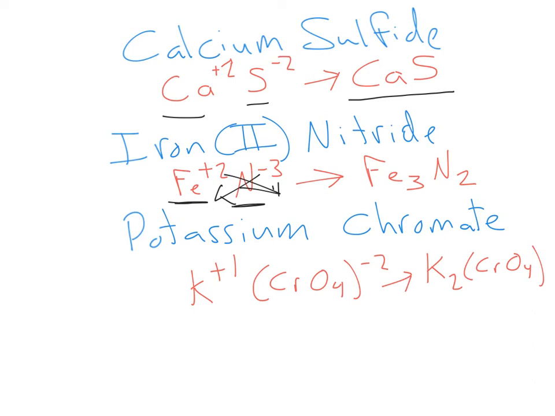For potassium chromate, I had to use my polyatomic ion chart. Potassium has a +1 charge and chromate has a -2 charge. So when I swap and drop, I'm going to write K2 and then I do not have to write the 1. It's invisible. It's understood under my CrO4, giving me potassium chromate.